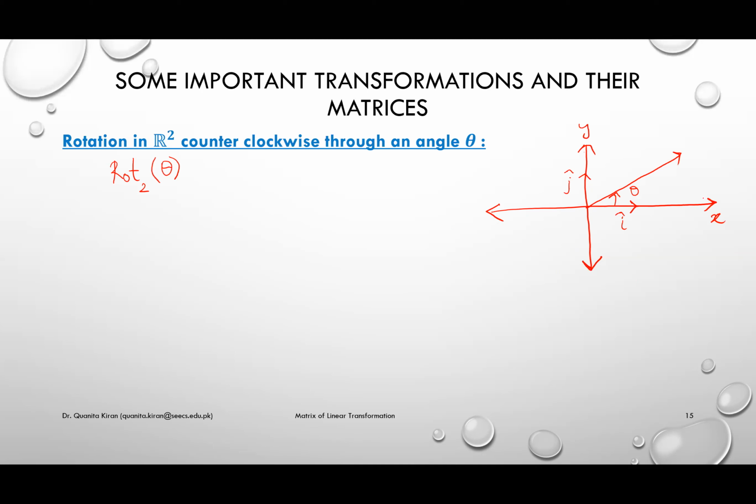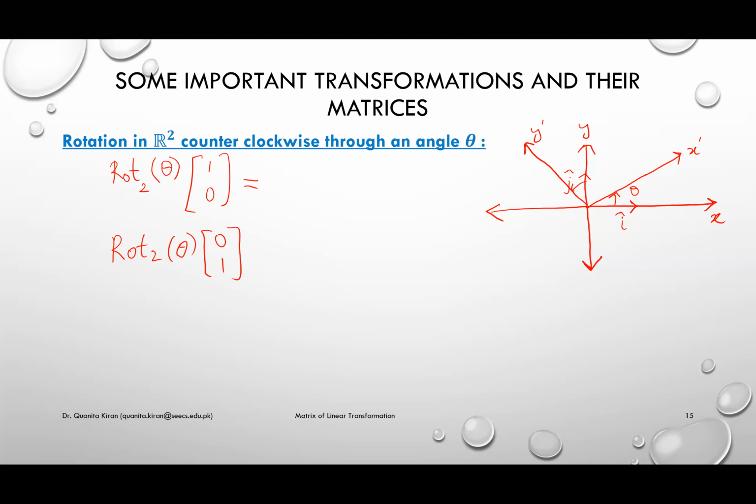So again, this x becomes x prime, and this y becomes y prime. So what is the effect of this transformation on the vector (1, 0) and on the vector (0, 1)?